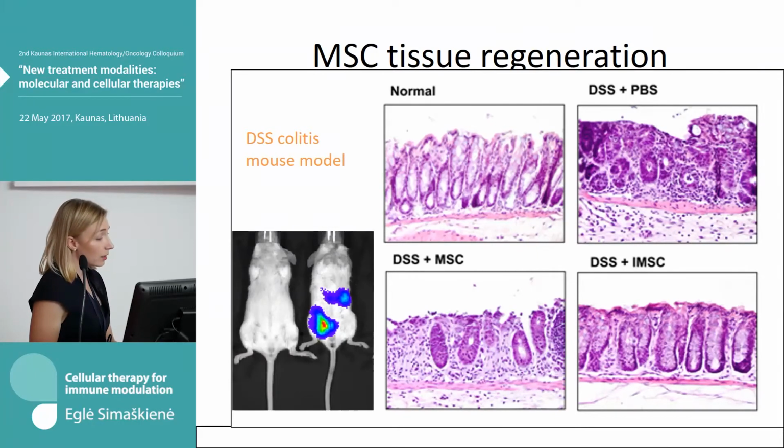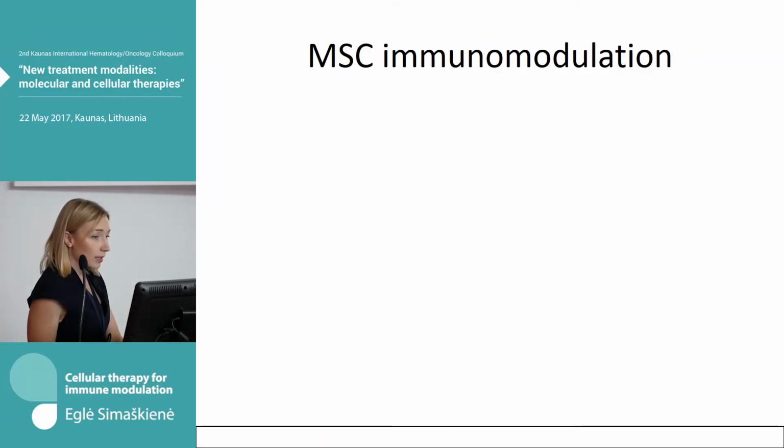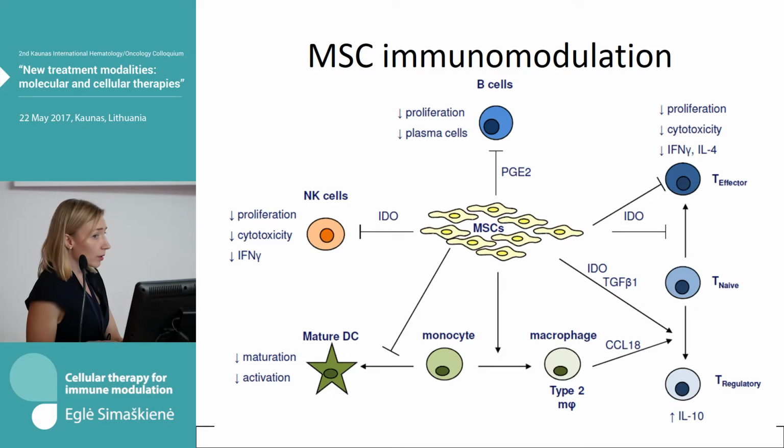And in this study, infusion of MSCs gave a preventive and rapid recovery effect with long-term immunosuppressive action in mice with repeated chronic colitis.